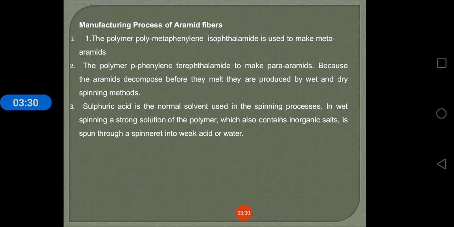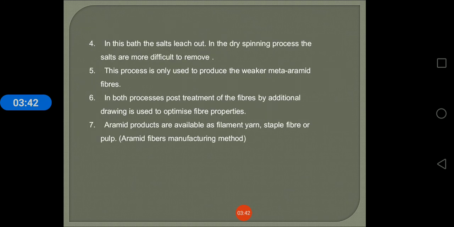In wet spinning, a strong solution of the polymer, which also contains inorganic salts, is spun through a spinneret into weak acid or water. In this bath, the salt leaches out. In the dry spinning process, the salts are more difficult to remove.